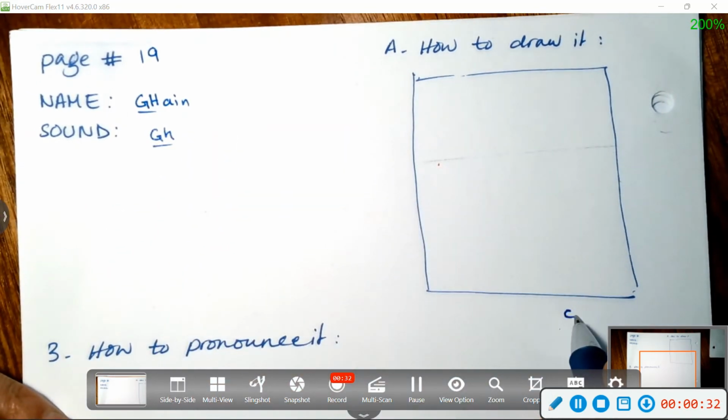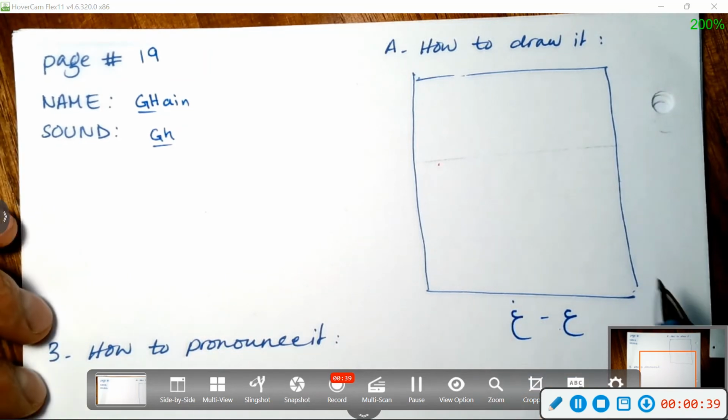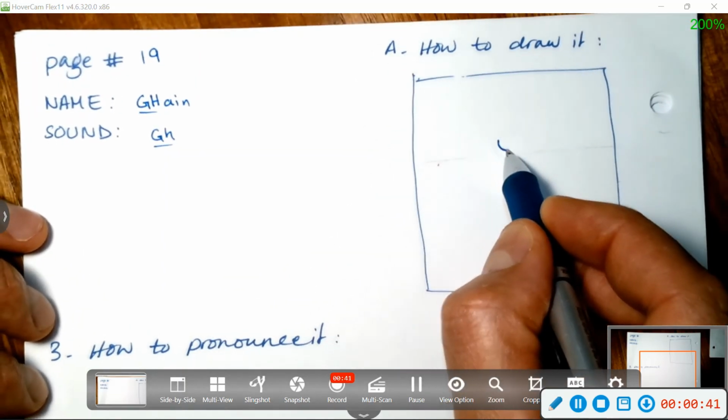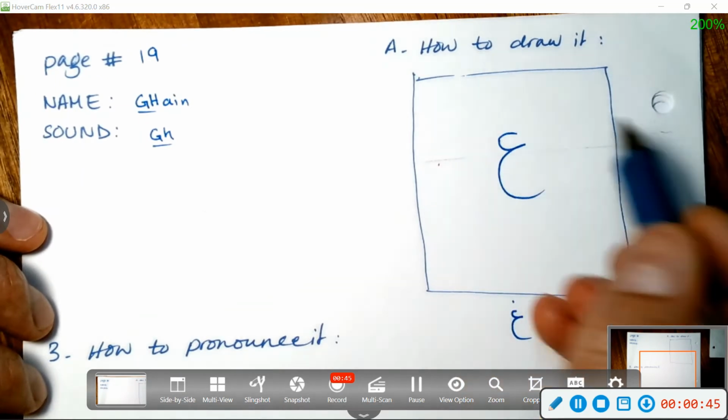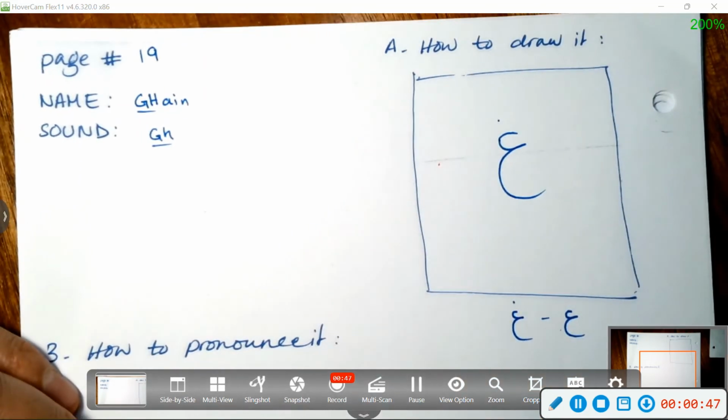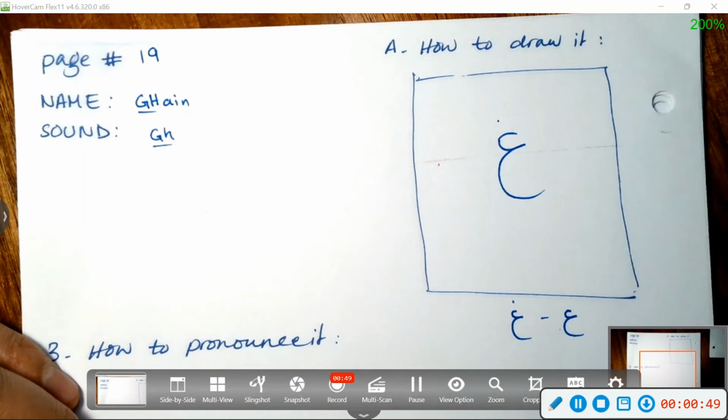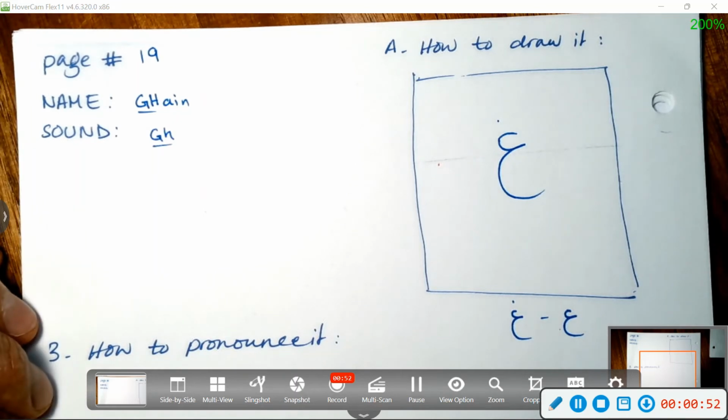And Ghain is the sister of Ayn, because they both are written the same, starting over the line and ending with a dot at the top of the letter.